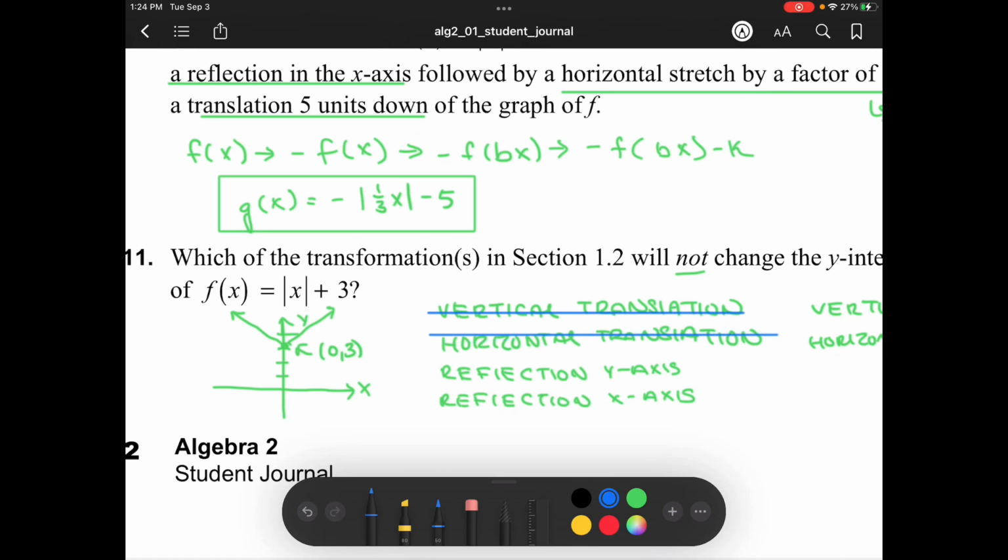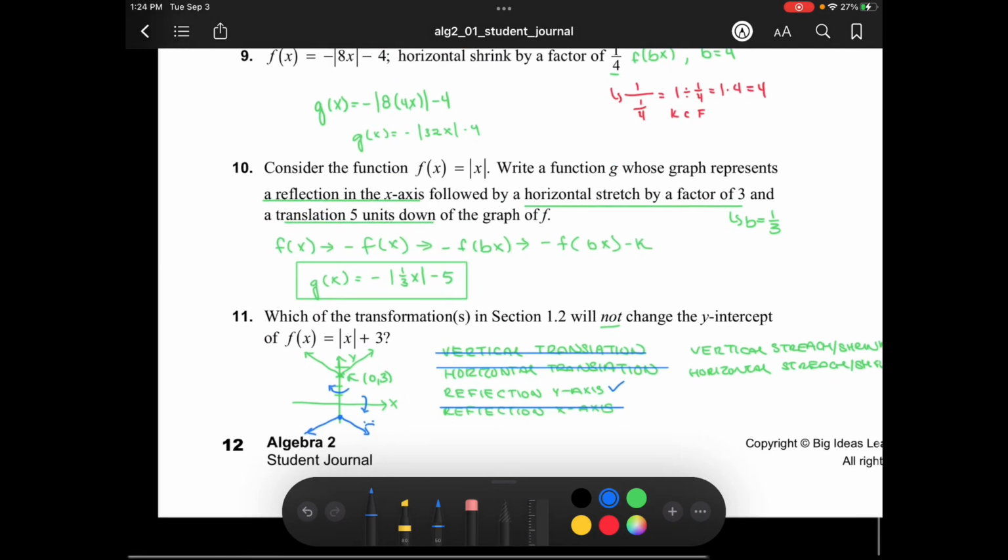A reflection across the y-axis would work, right? Because if I move it around this axis, that is totally okay. However, if I move it around the x-axis, you'll notice that it will end up down here. And that's not okay. So we're going to go ahead and erase that one.